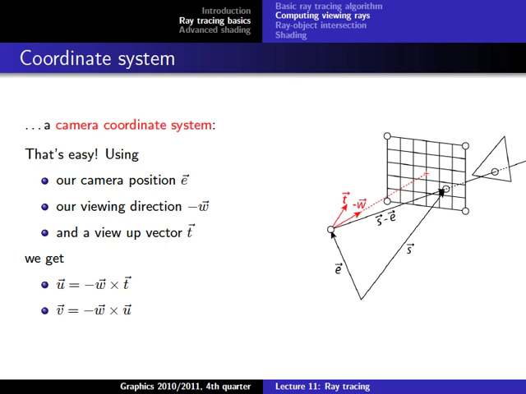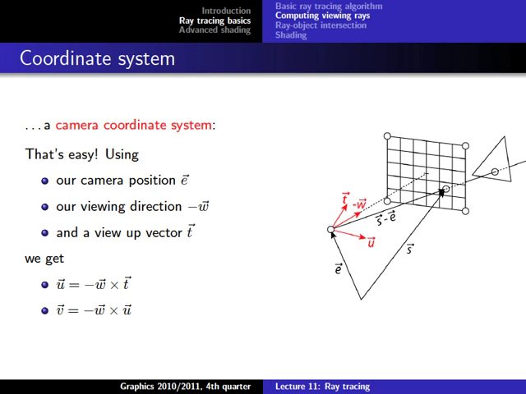Then we define a view up vector, which is, I hope you remember, a vector in the plane in front of you pointing up. Then we take the cross product of that with the vector minus w to get a vector u, which is a vector pointing parallel to the viewing plane, to the right or to the left, depending on in which order we do the cross product of the vectors.